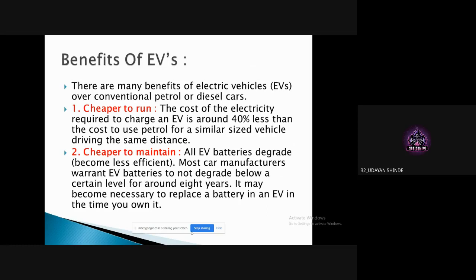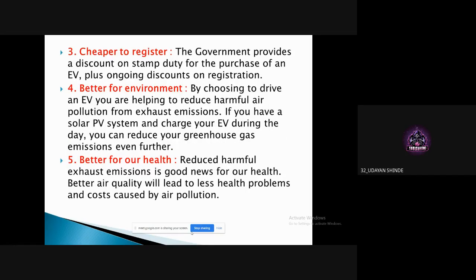All electric vehicle batteries degrade or become less efficient. Most car manufacturers warrant that electric batteries will not degrade below a certain level for around 8 years. It may not be necessary to replace a battery in an electric vehicle in the time you own it. The further part will be explained by Siddhant.